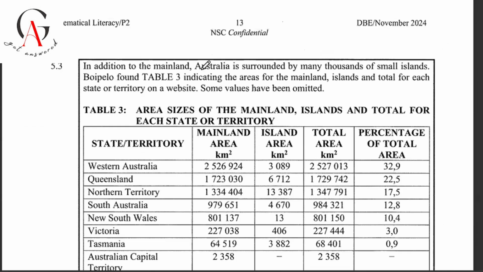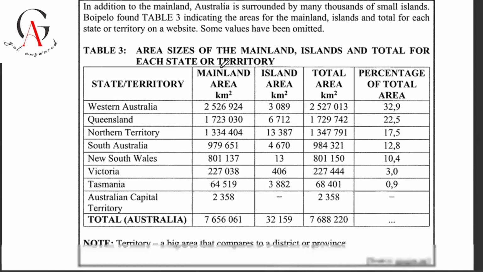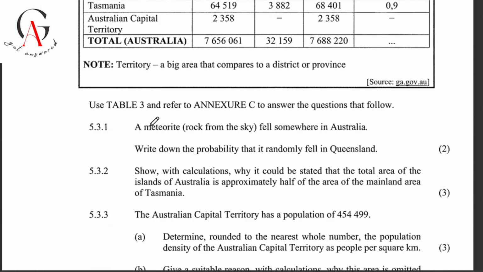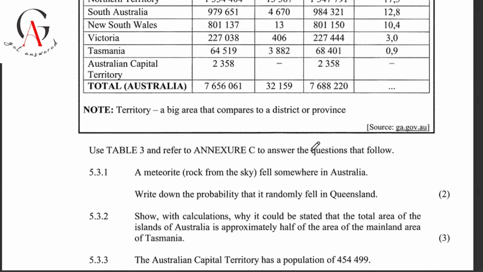5.3, it says, in addition to the mainland, Australia is surrounded by many thousands of small islands. All right, here we are asked, a rock from the sky fell somewhere in Australia. Write down the probability that it randomly fell in Queensland.